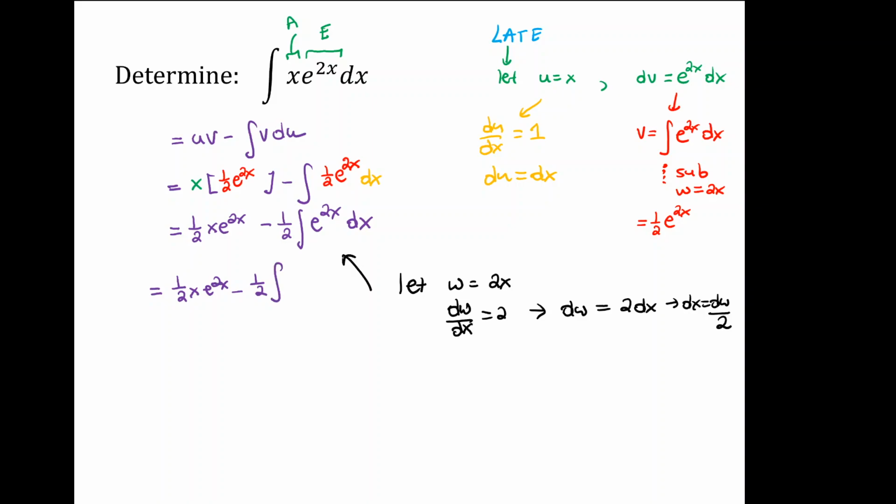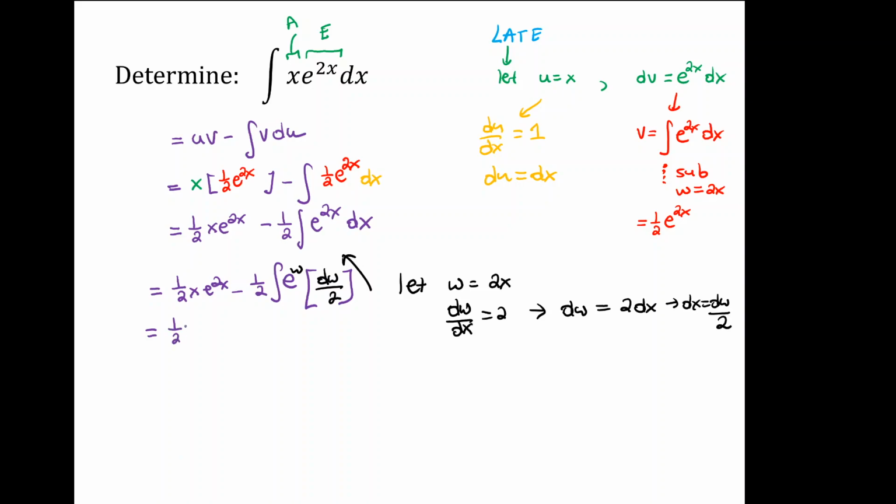times integral e to the w, and the dx gets replaced by dw over 2. And then we can clean that up.